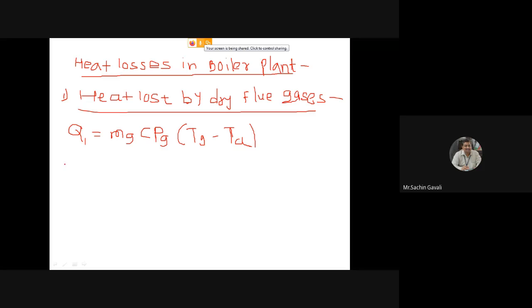Write down, where mg is the mass of dry flue gases per kg of fuel.